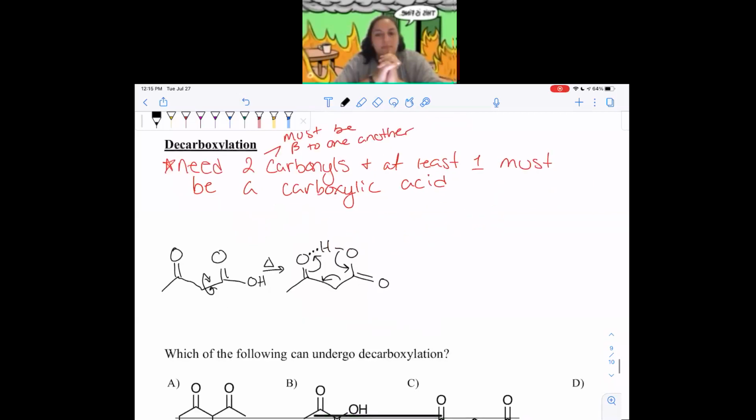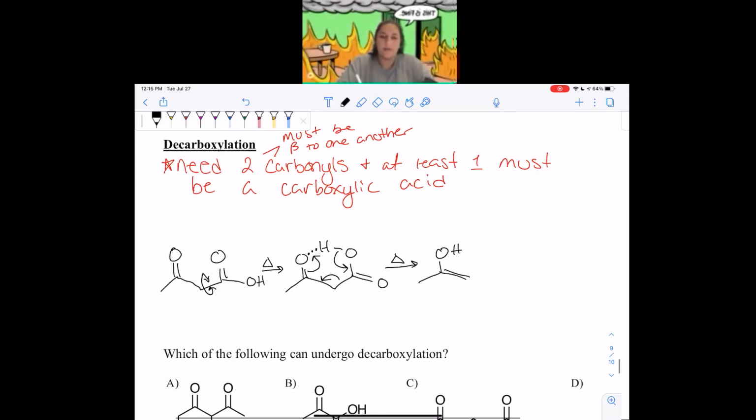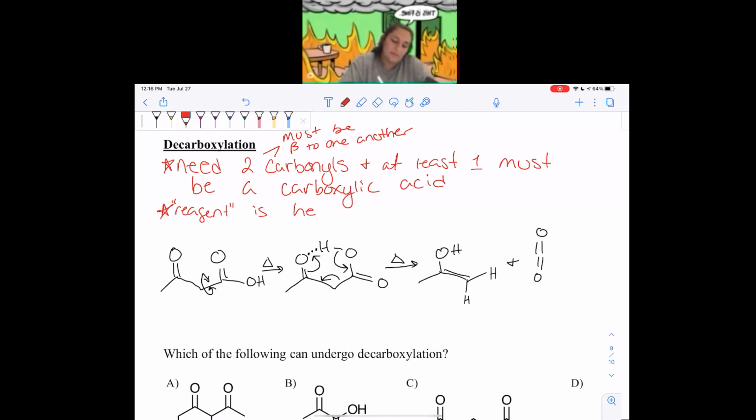We go in a big old circle and we end up with OH and a double bond, as well as our side product, which is CO2. So this sequence is called a decarboxylation, and our reagent is heat, which is shown as a triangle.